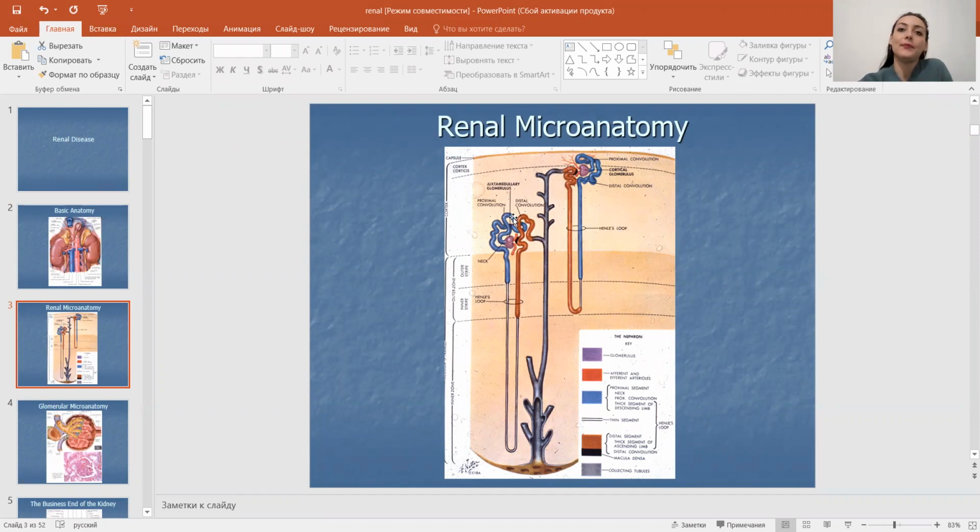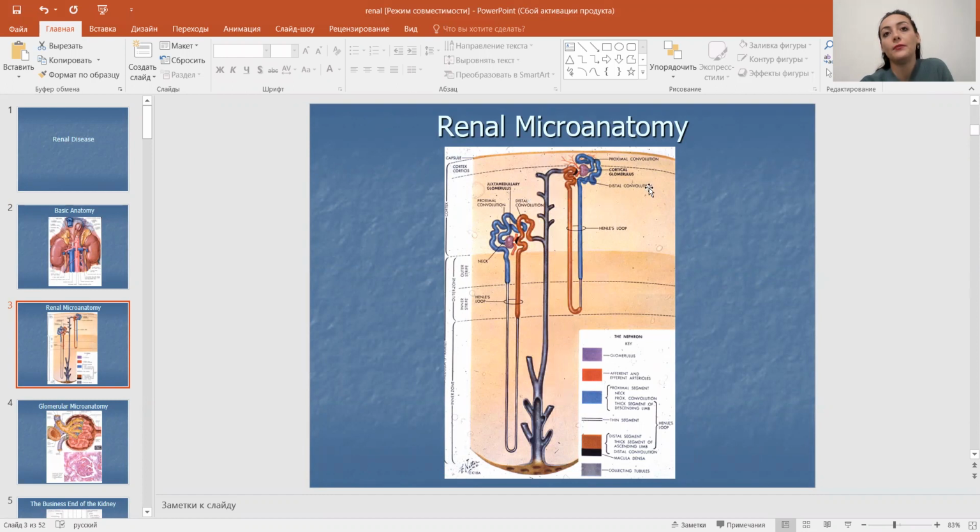You see, every nephron has parts like the glomerulus, proximal tubule, loop of Henle, distal segment, and collecting tubules.